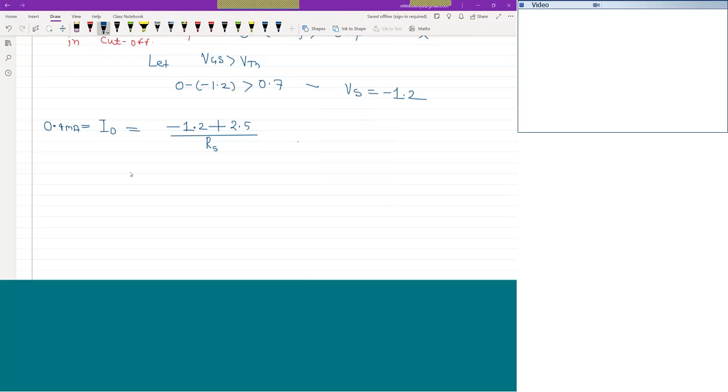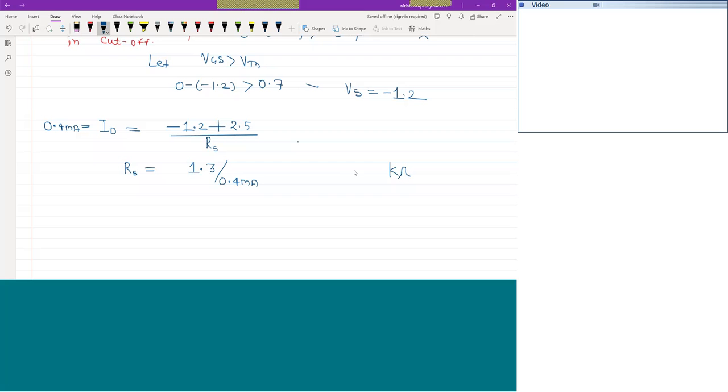So what I can say, the value of RS for the circuit is equivalent to 1.3 divided by 0.4 milliampere. 0.4 milliampere ऊपर जाके बना लेगा किलो ओम, और 1.3 divided by 0.4 will be 3.25.